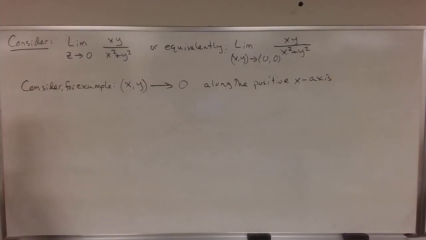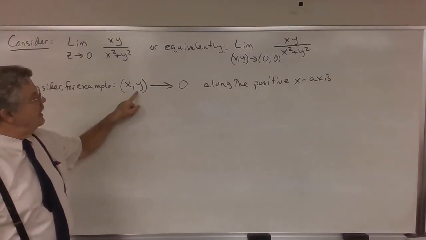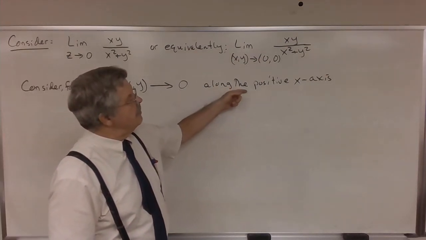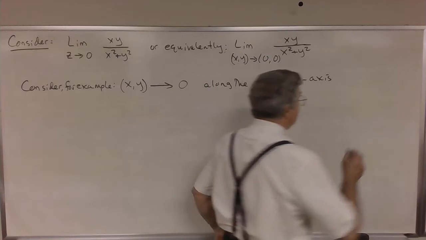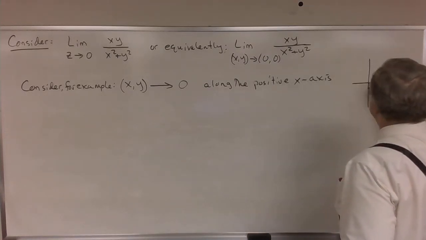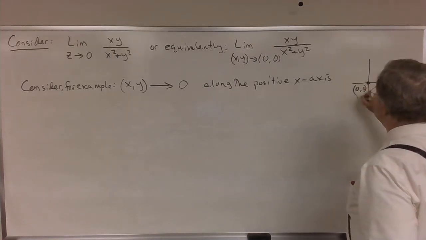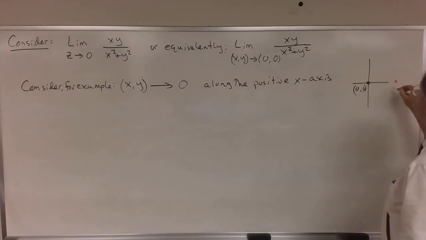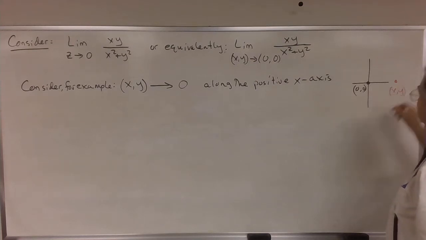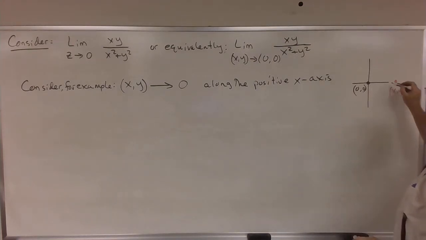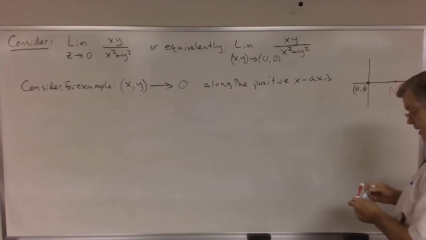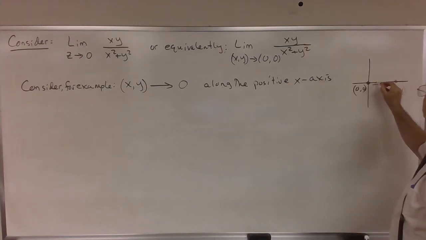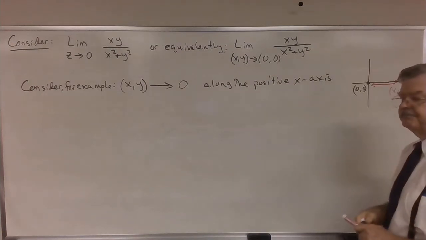And just for the sake of example, let's say that (x, y) is approaching the origin along the positive y-axis. So here's the origin, and (x, y) is a point on the positive y-axis, and (x, y) is approaching the origin in that direction.